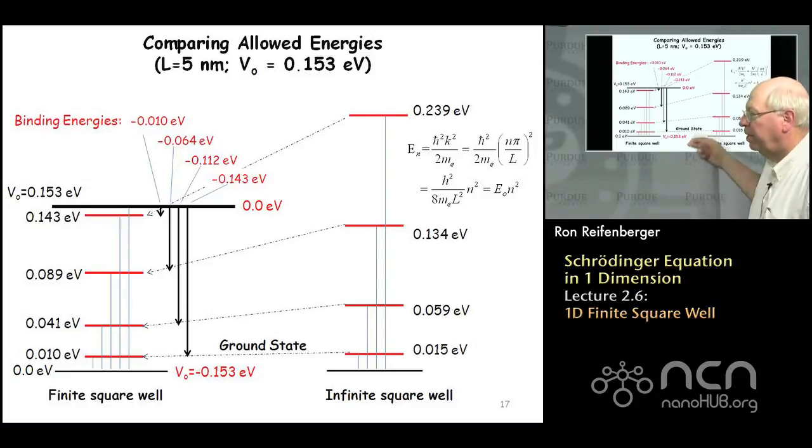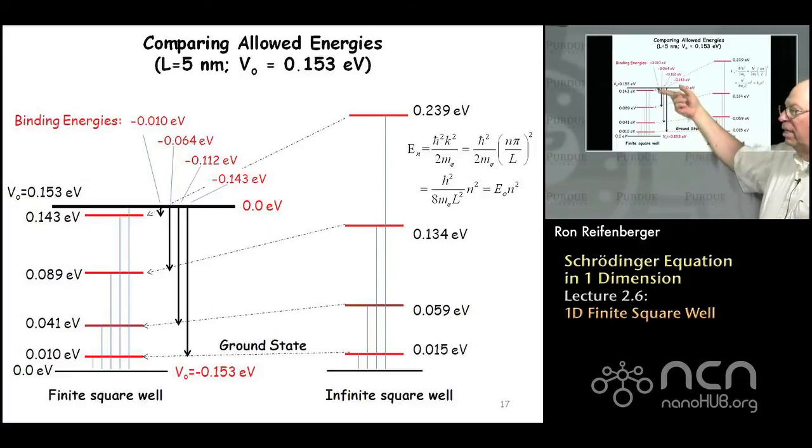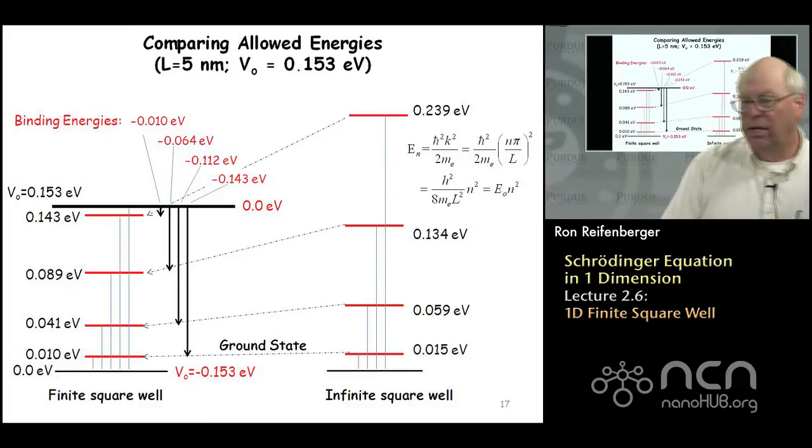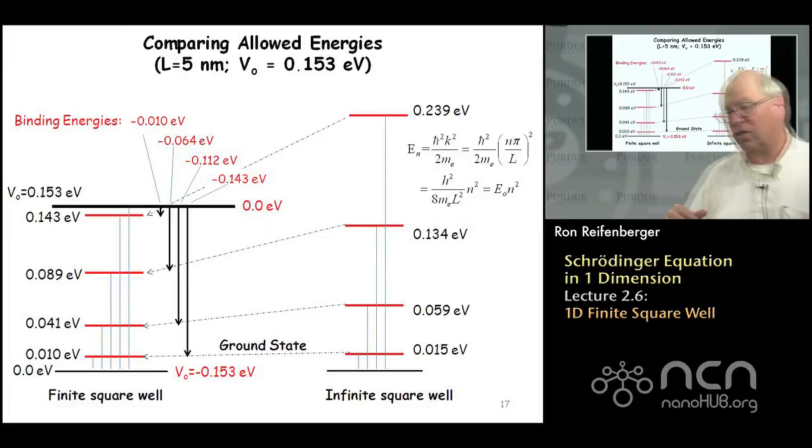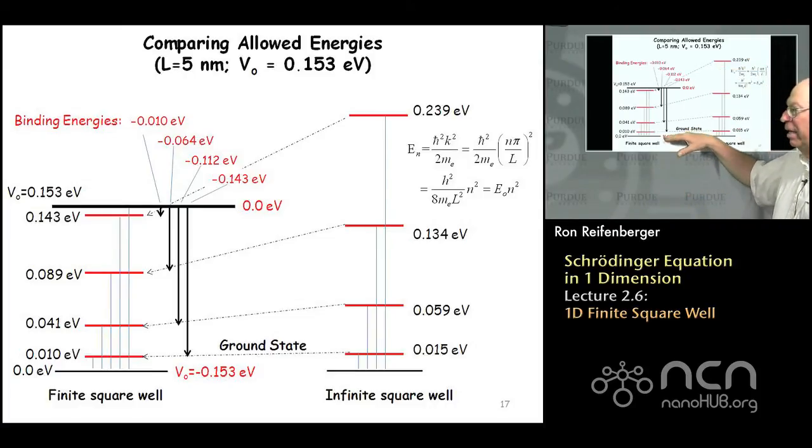These quantized energy states are bound, right? And you can talk about their energies in two ways. You can define the zero of energy as being down here, in which case the energy of these electron states are measured from the bottom of the potential well. Conversely, you can talk about binding energies. In other words, how much does the energy drop once the electron is placed in this finite square well?